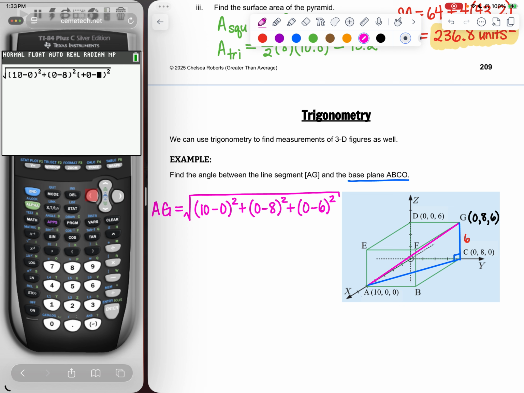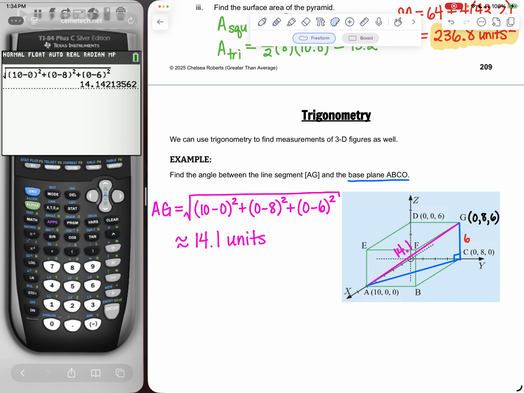So once I plug that in, then I see that we end up getting that AG is approximately 14.1 units. So because I know that, I'm going to write that in on the picture. So that's 14.1. All right. So now that I know that that is 14.1, I can write it in.